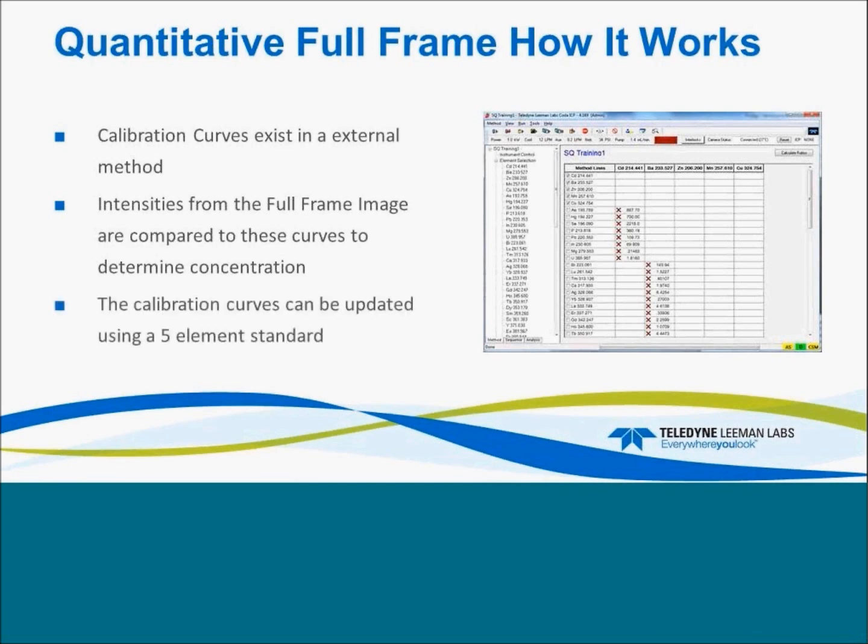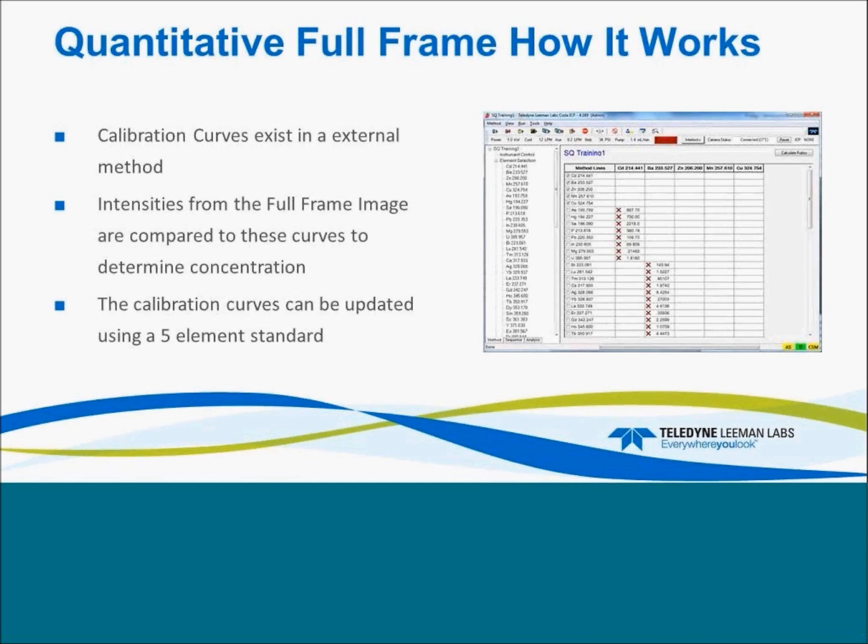These calibration curves can be updated. They come preloaded from the factory, but if you want the most accurate possible data this way, you can update them. You can change the concentrations. You can treat it like any method so that you can go ahead and get closer to accurate.